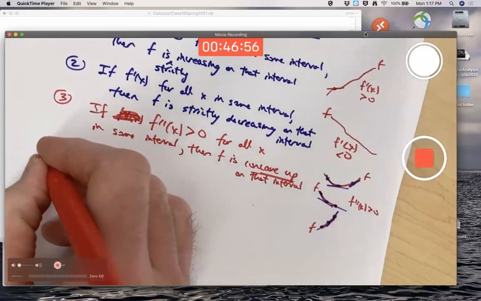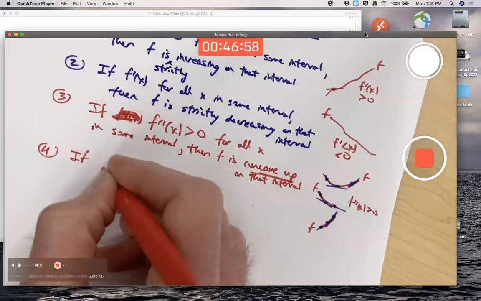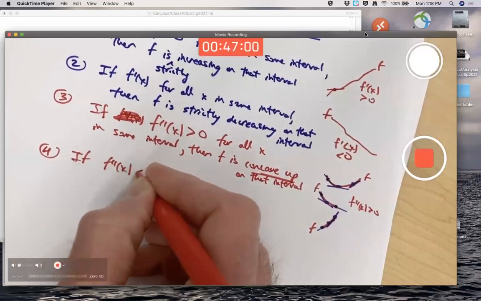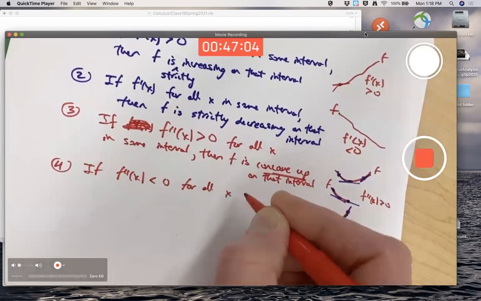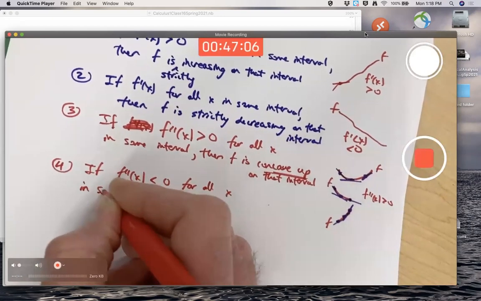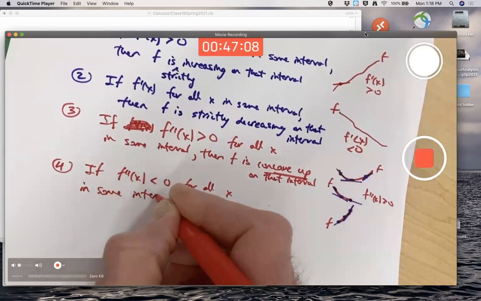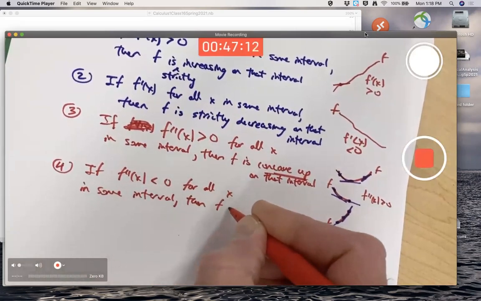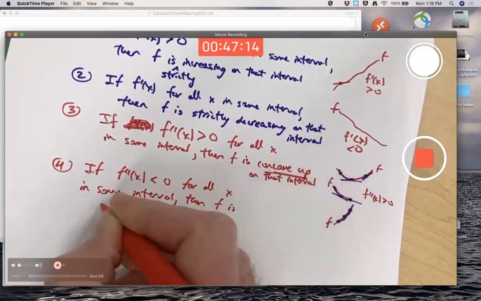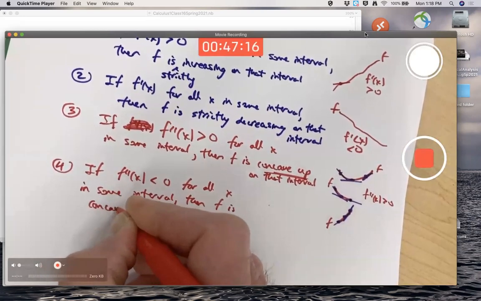And on the other hand, the flip side is if f double prime of x is negative for all x in some interval, then f is concave down on that interval. Concave down is what we call it.